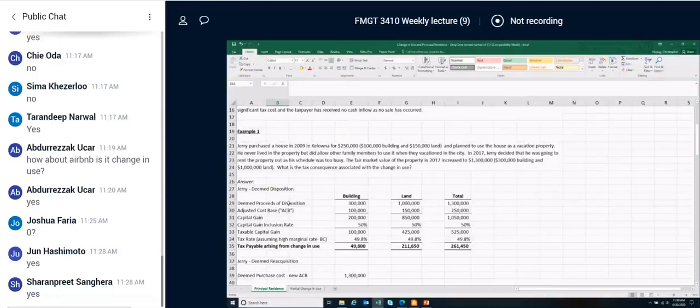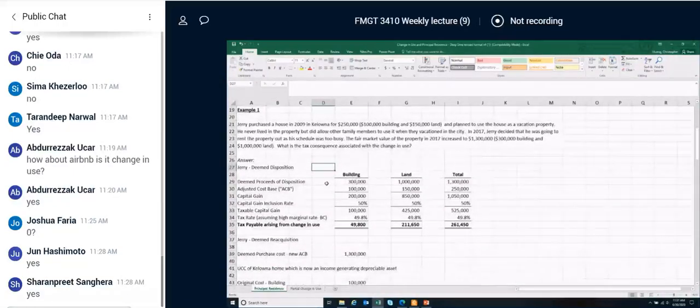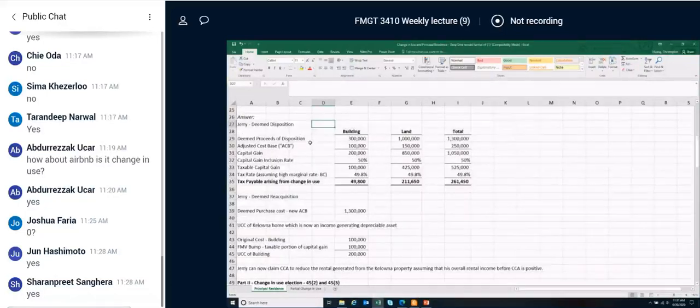You have a house acquired in 2009 in Kelowna. Some part of it is building, some part is land, and you plan to use the house as a vacation property. And then he decides to rent the property in 2017. And at that point, the fair market value increased. What's the tax consequence with the change in use? So again, just looking at the property, not looking at claiming CCA or anything like that, the question would be, on the building, you have your capital gain.